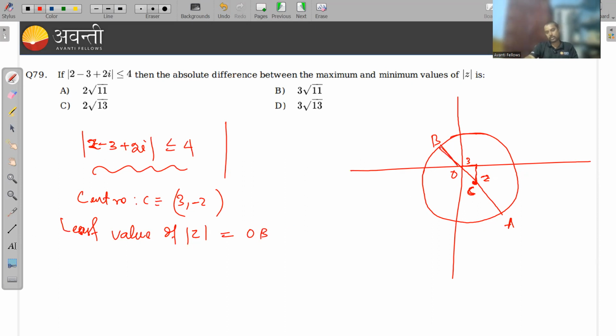This is the minimum distance will be ob, ठीक है, ob. When mod z will be reaching here, this will be the minimum distance from the center, okay। So ob, which is equal to cb minus oc, okay, cb minus oc.